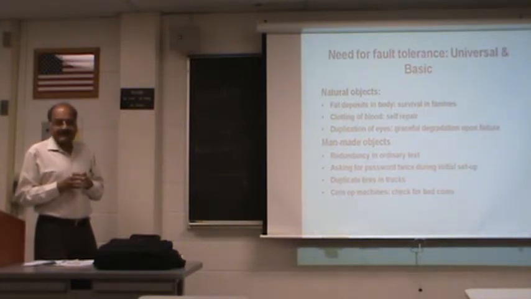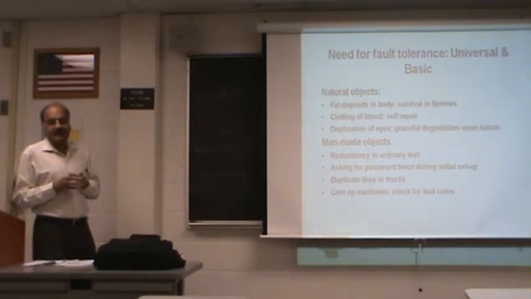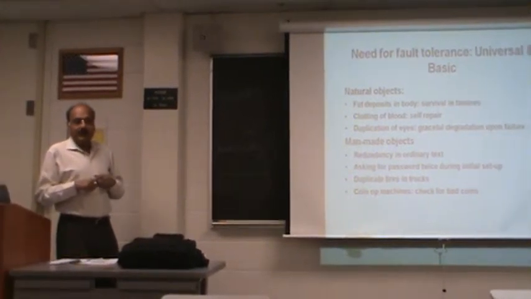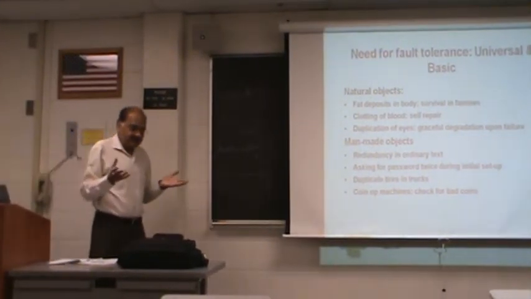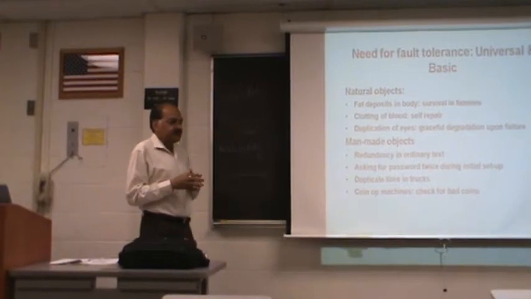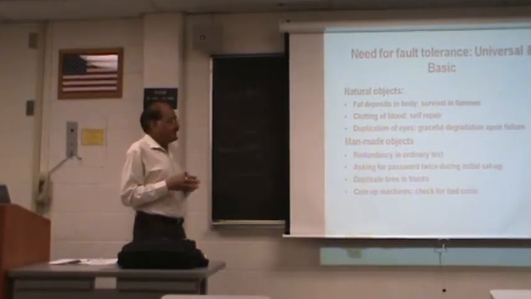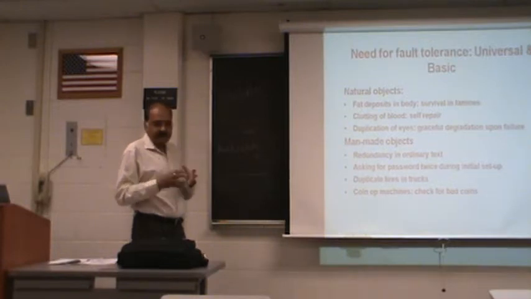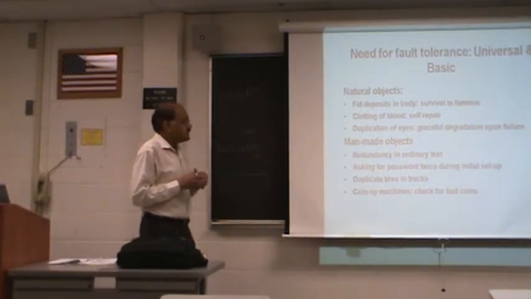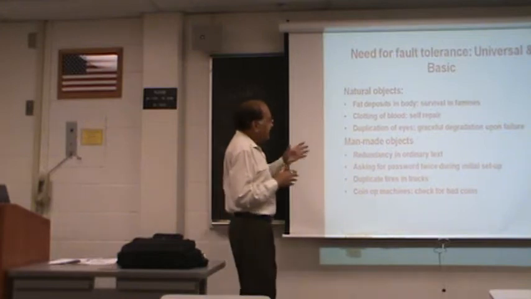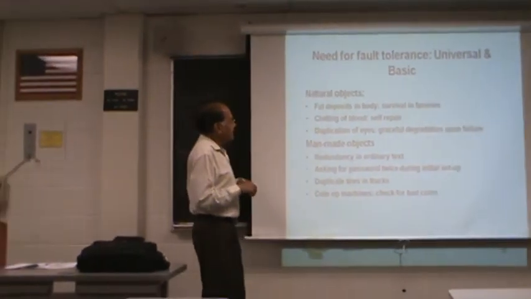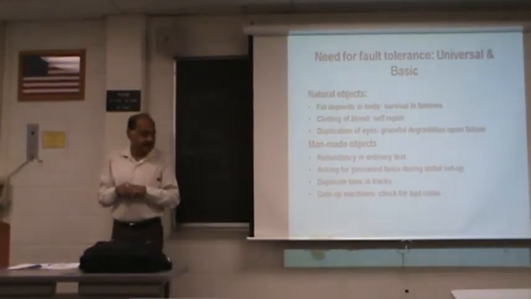But one interesting thing to note is that fault tolerance is really universal, because the universe is imperfect. There's no such thing that is perfect, and hence, for anything to survive, you have to have fault tolerance. So this fault tolerance mechanism is built into natural objects.